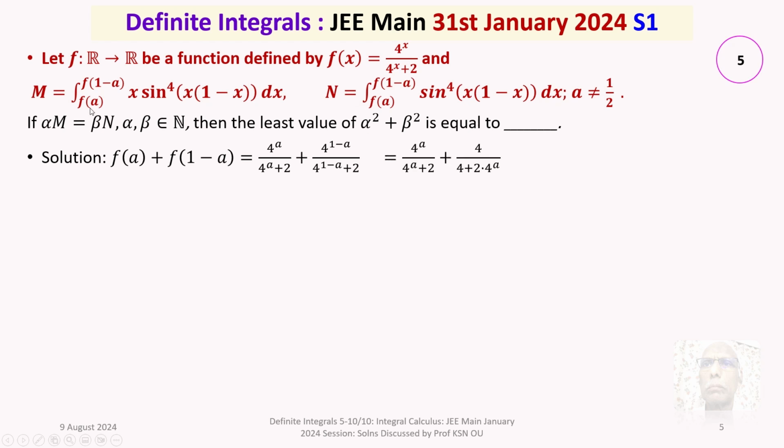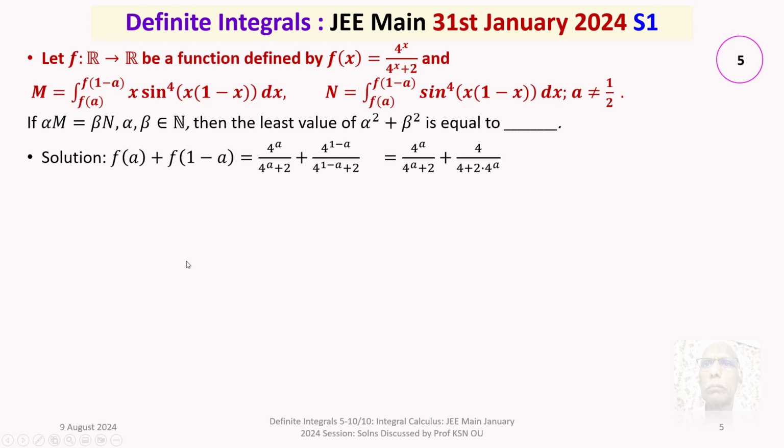Now, we will see first of all what is f of a plus f of 1 minus a. So what are we trying? We are trying to apply a property called King's property. For that we need the lower limit plus upper limit minus x. X is to be replaced by the lower limit plus upper limit minus x.